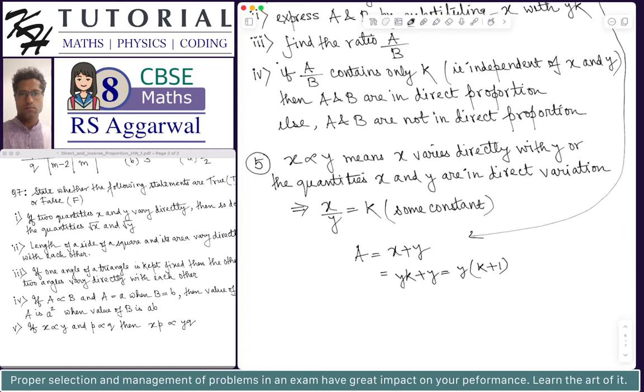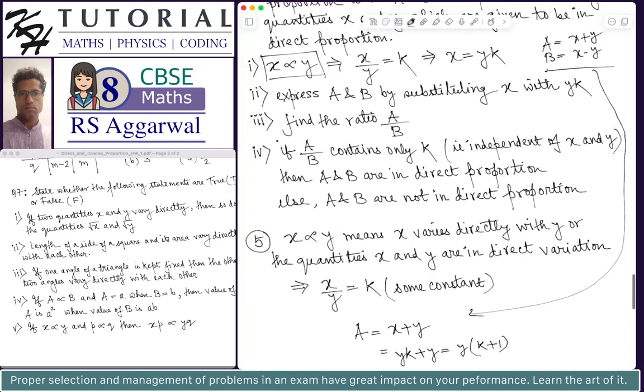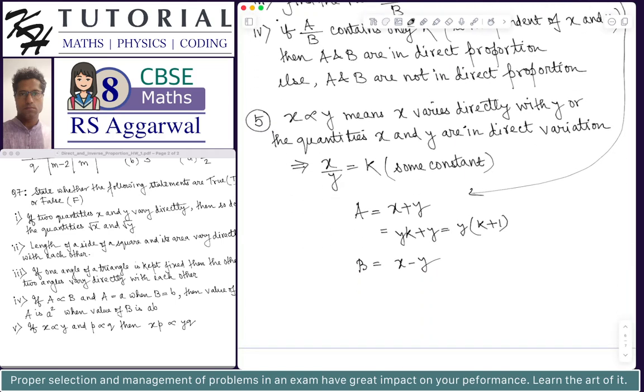Also express B similarly by substituting X as YK. So this will be KY minus Y, which is equal to Y common, K minus 1. Now when we find the ratio to see whether the quantities A and B are in direct proportion, we need to check the ratio of A by B, whether it is a constant or not.